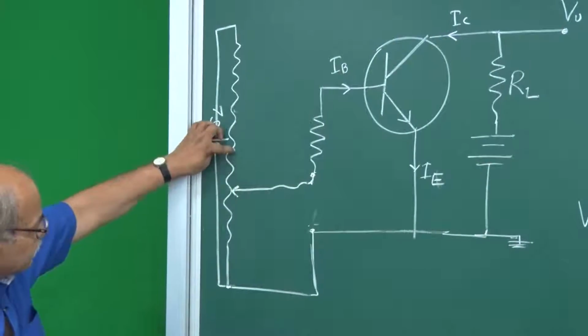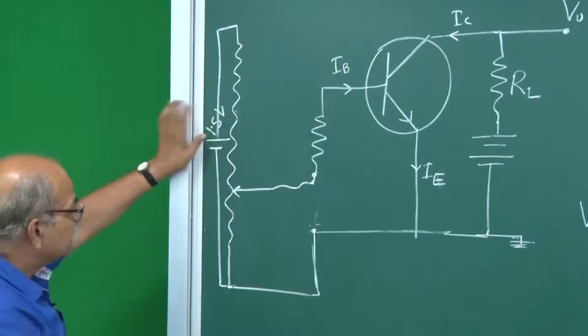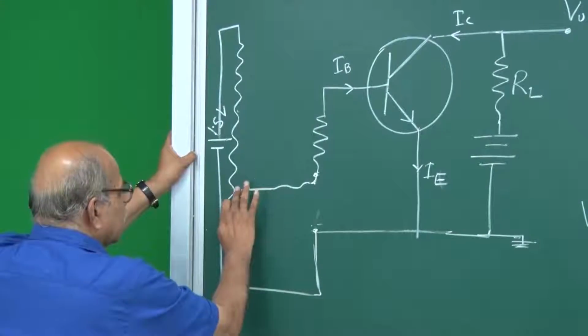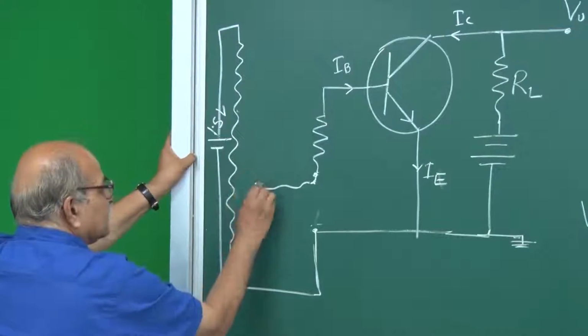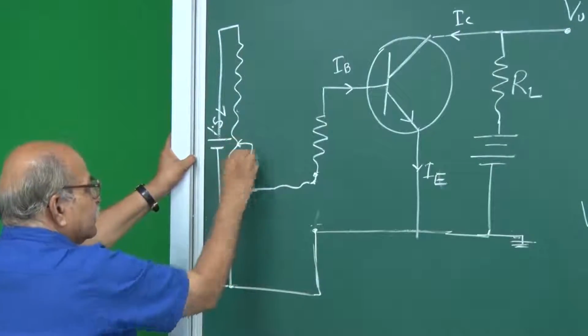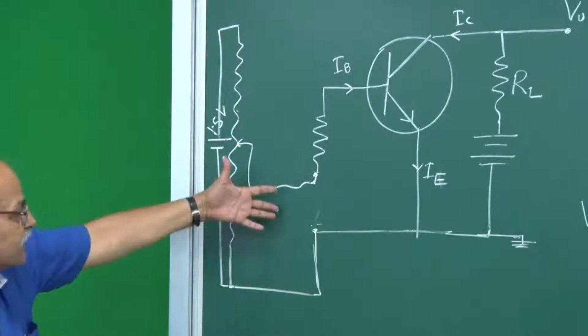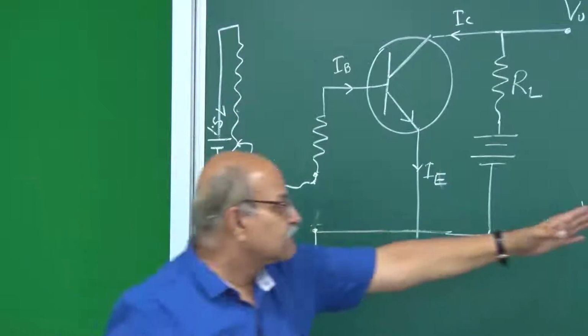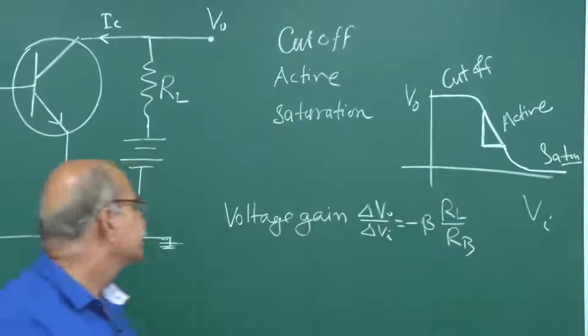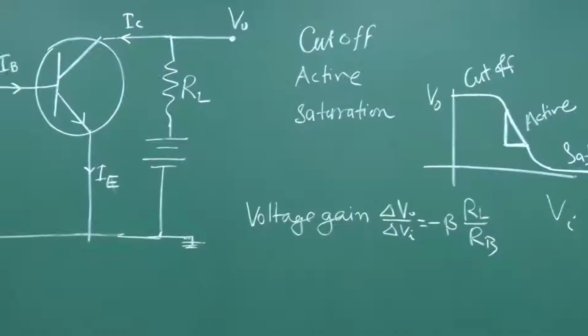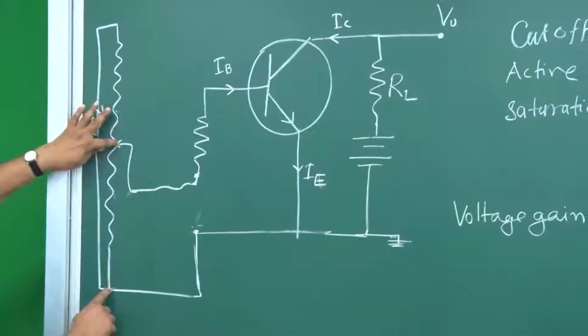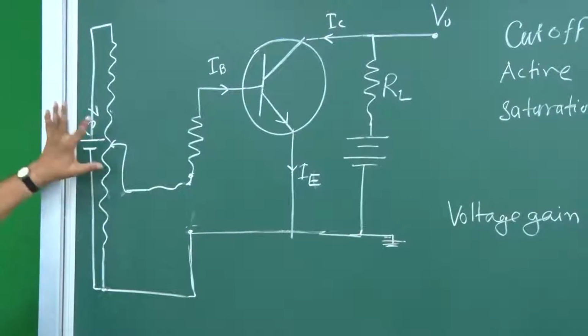If I put this variable point here, then the voltage that appears will increase. In this curve, I have gone towards the right, because now this much potential difference is getting applied here.